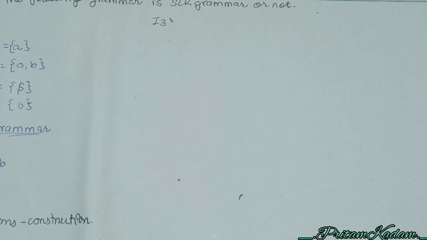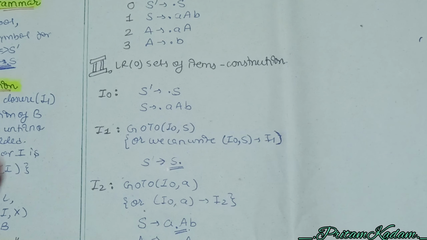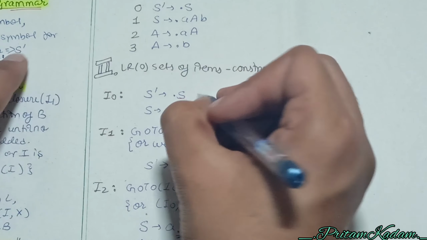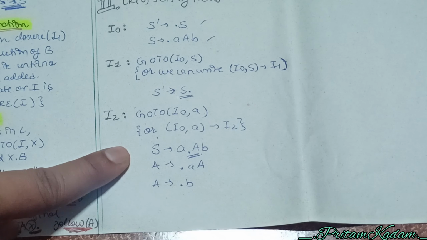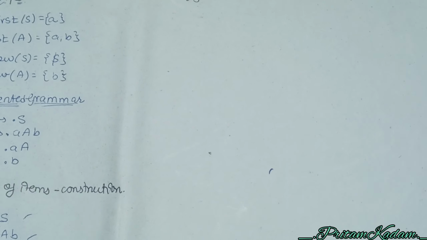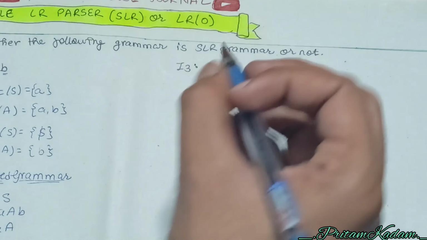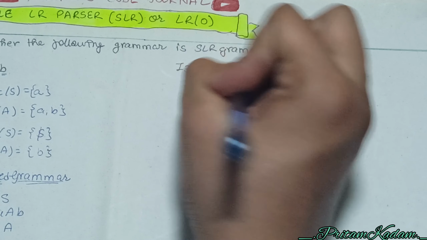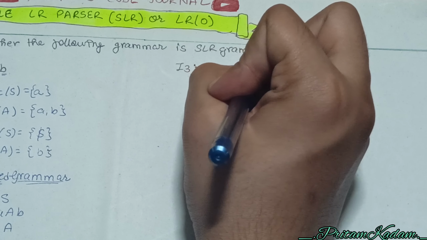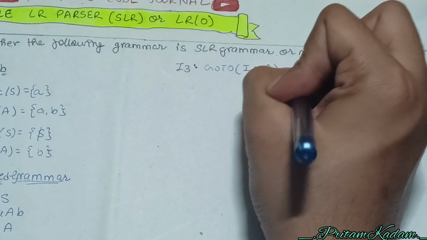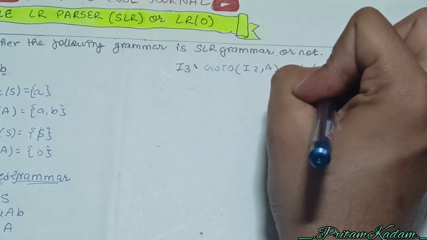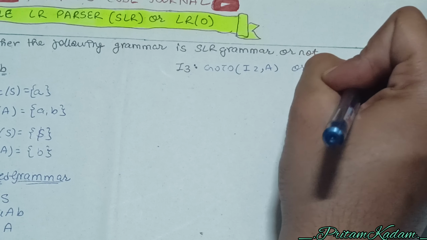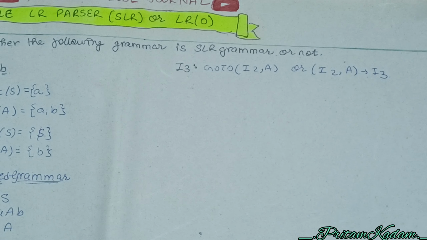So in I3, as we have done the S dash production and the second one also, we'll mark a tick over there, and over here I have to move the dot after the capital A. So I will write go to of I2 comma capital A, which gives me the production S gives a A dot B. So go to I2 on A, or we can say I2 comma A gives I3.